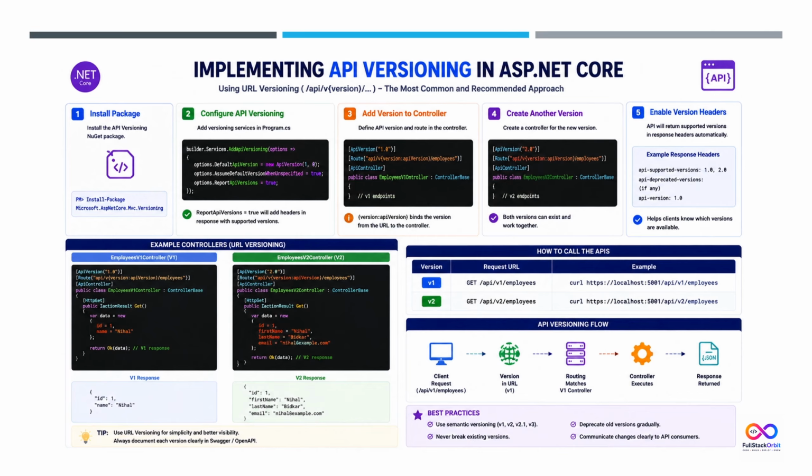In the third step, routing identifies the matching controller. After that, the appropriate controller executes. And lastly, the API returns the response for that version. If the client requests v2, then the version 2 controller executes instead. Everything happens automatically here.